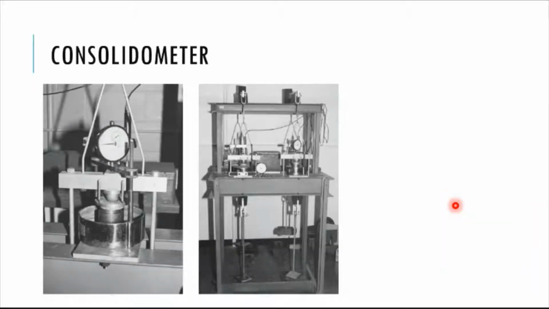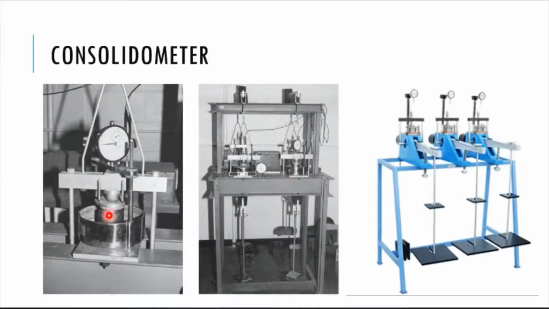So this is an example of a consolidometer, and if you look at this one, this is where the soil sample is put, and this is the dial gauge.